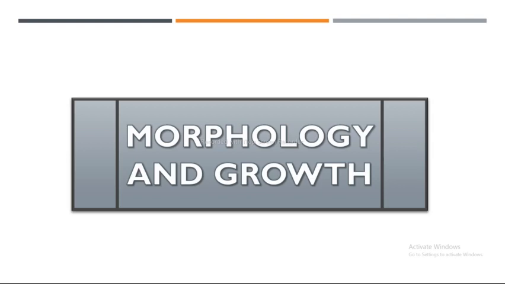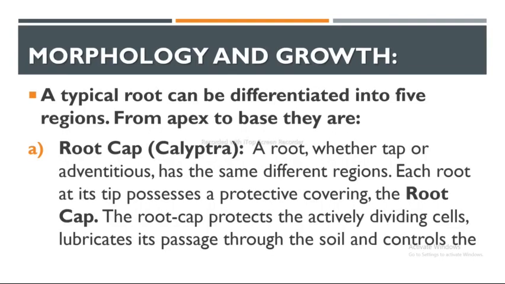Next I will discuss the morphology and growth of the root. A typical root can be differentiated into 5 regions. From apex to base, first is the root cap, which is also known as calyptra. A root, whether tap or adventitious, has the same different regions.